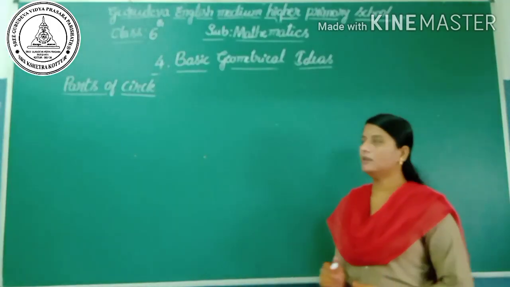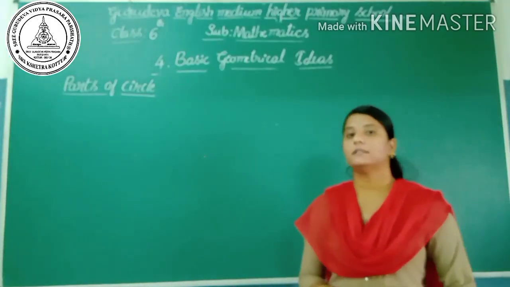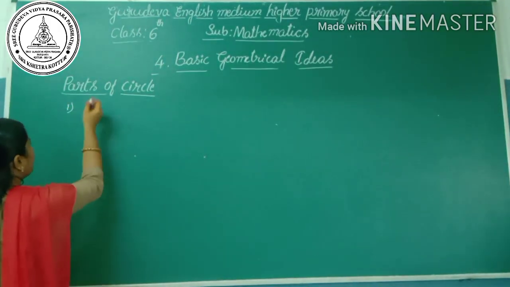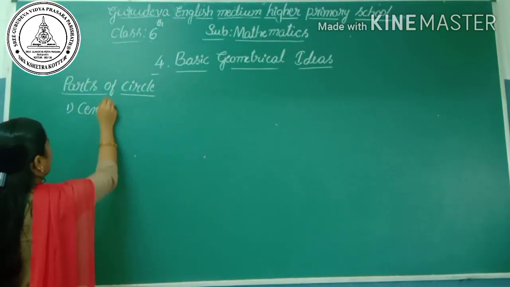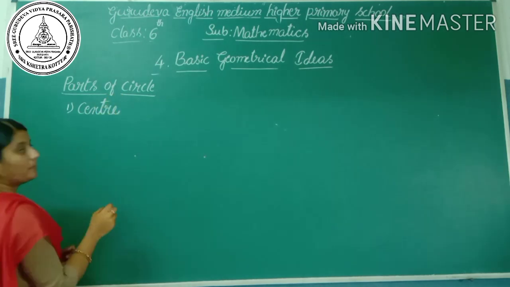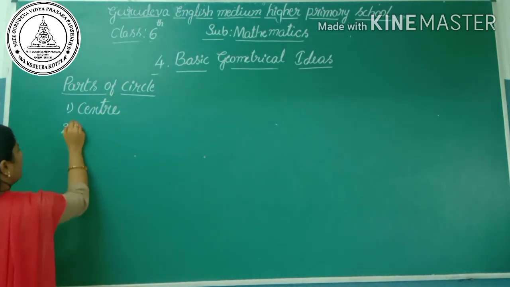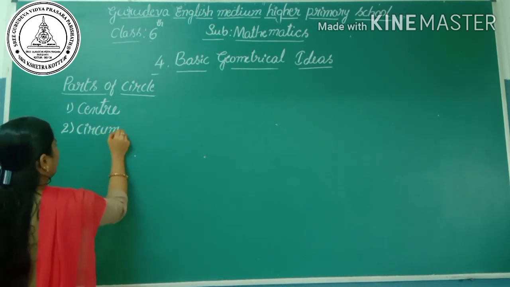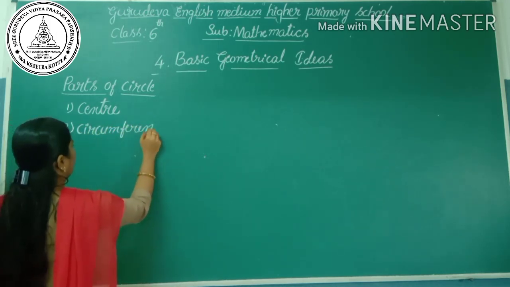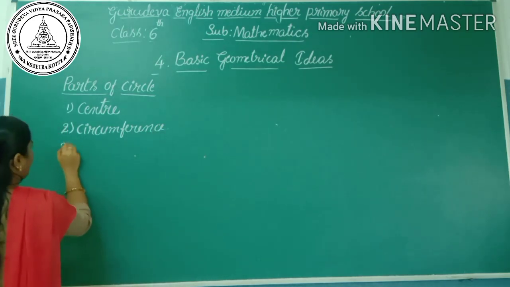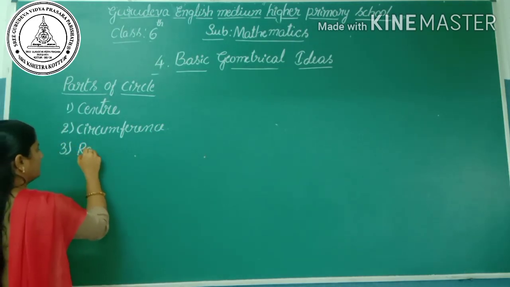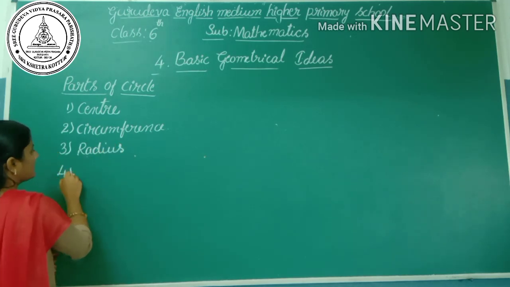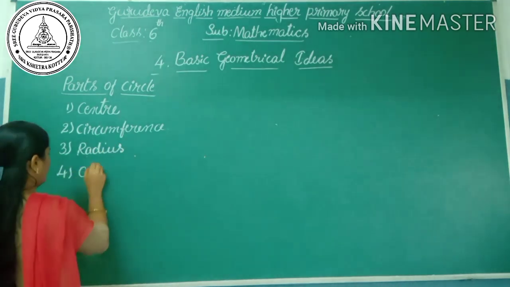Yes, let's see the parts of a circle. Yes, the circle has 7 parts. The first one is center. Then the second part is circumference. And the third part is radius. And the fourth part is chord.